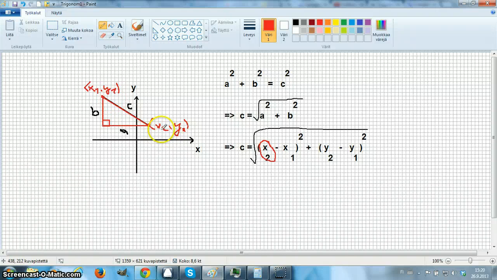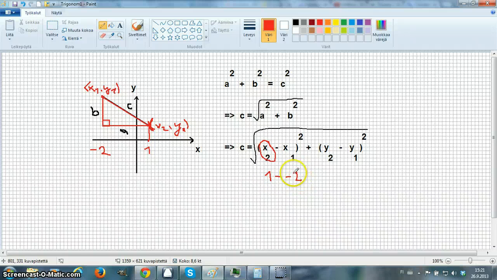Because they are pointed from over here. Let's make that a 1 and that a minus 2. So this becomes, let's put it over there, 1 and minus 2.